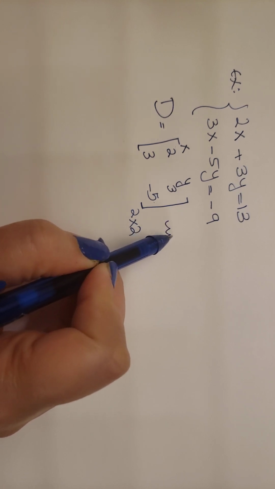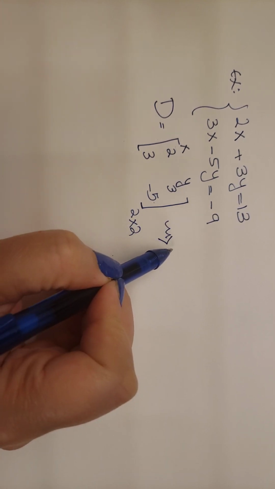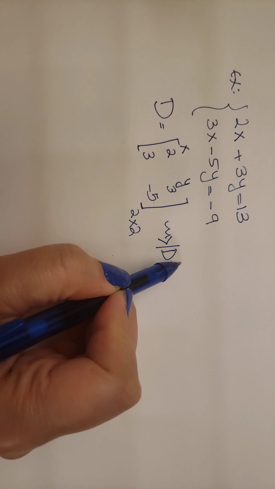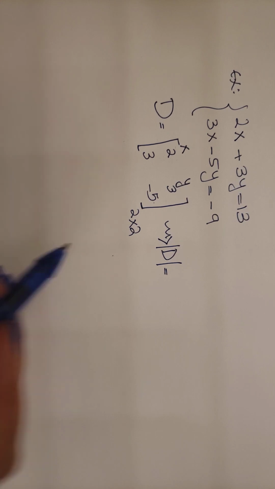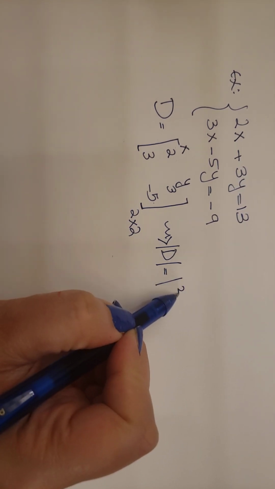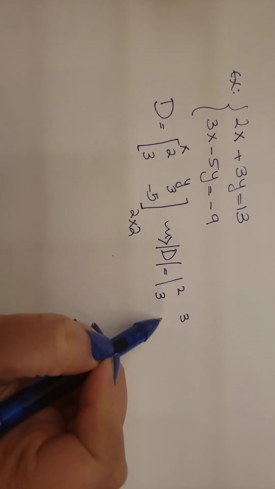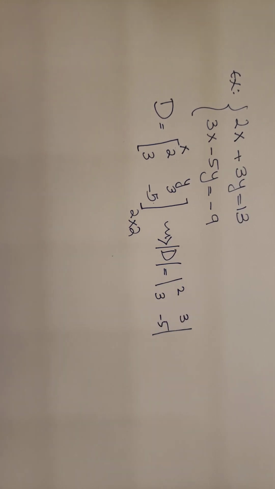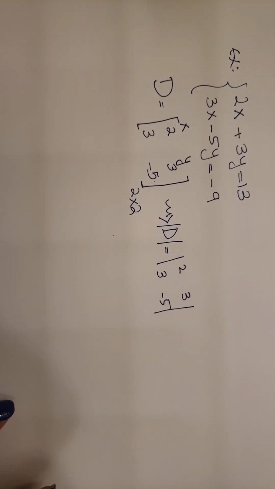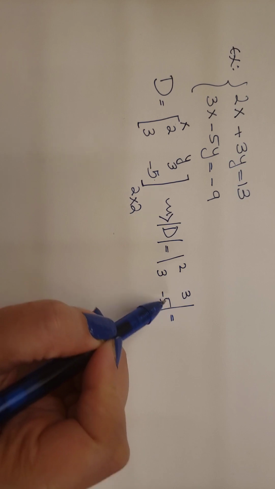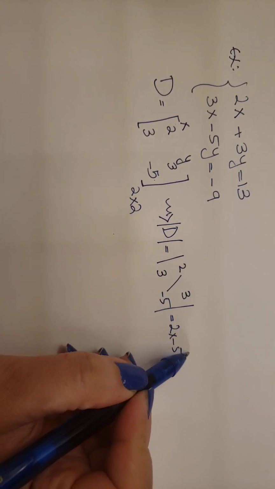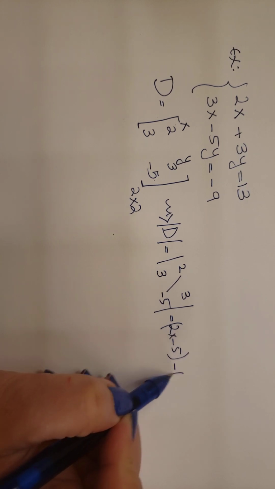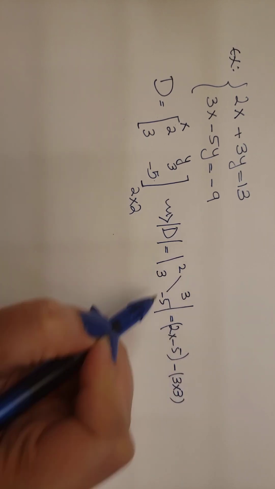From here, we will define the determinant, which is the unique value of this 2 by 2 matrix, with rows 2, 3 and 3, -5. We can find the value of this determinant, which is 2 times -5, minus 3 times 3.